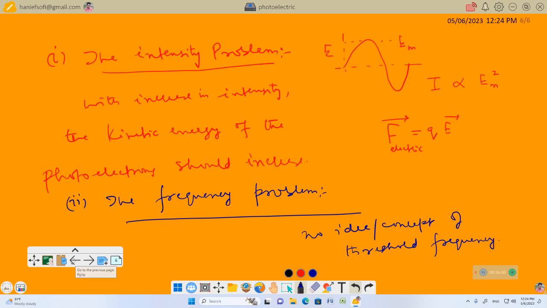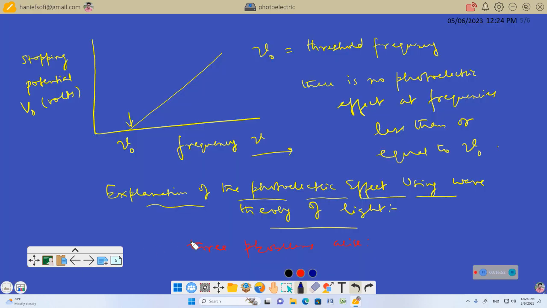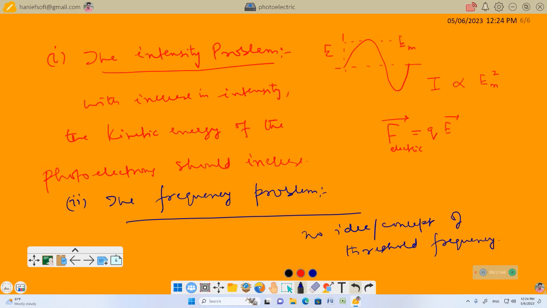Experiment says whatever the intensity, if your frequency is not greater than threshold frequency, then photoelectric effect is not going to occur. Wave theory says there is no idea of threshold frequency.